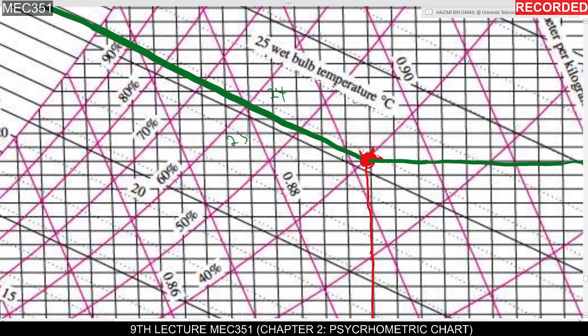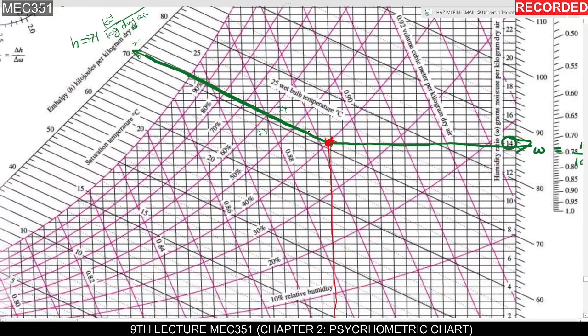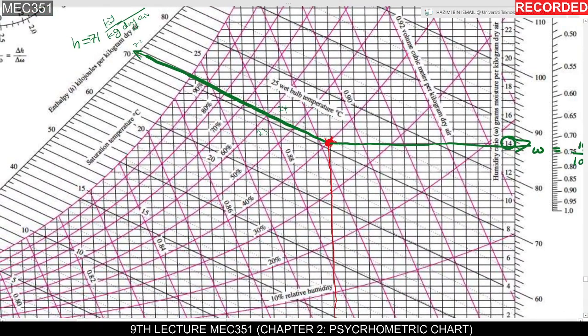But it's not at the center or middle of their interval. So maybe third quarter. That's why you have to estimate. So the wet bulb temperature here, I estimate between 23 and 24. So maybe 23.75.